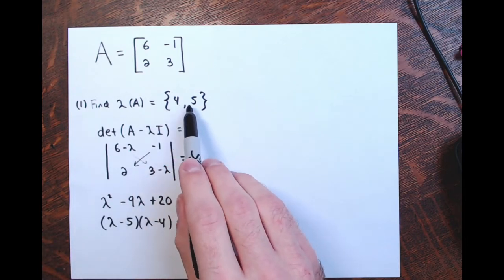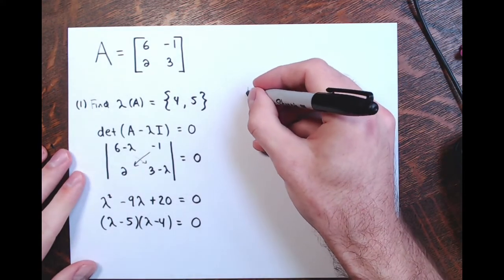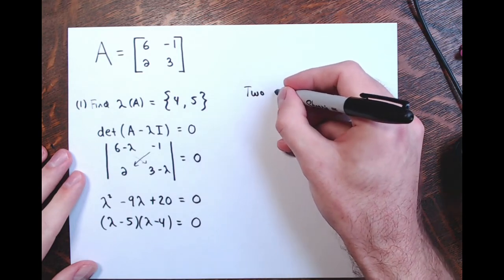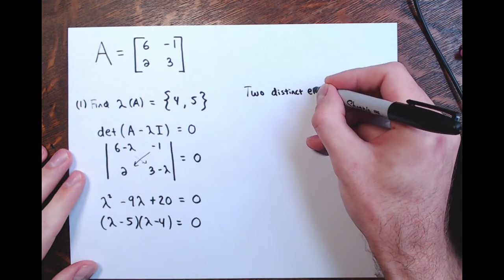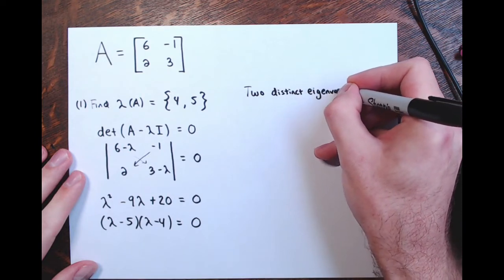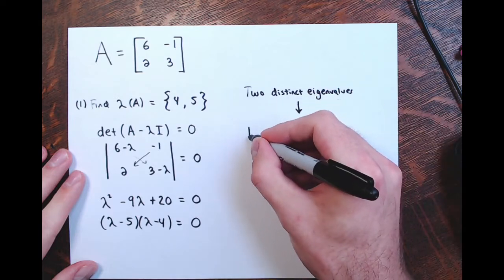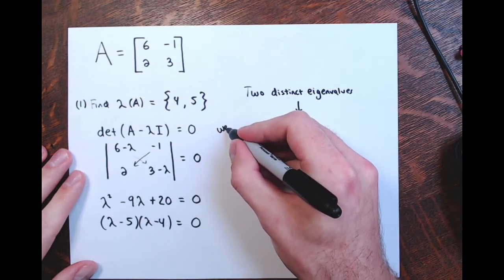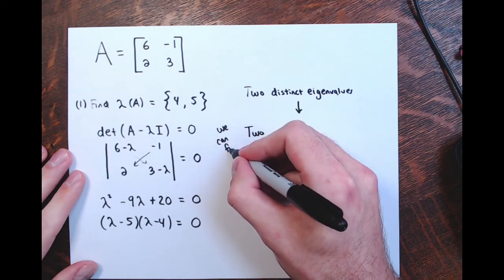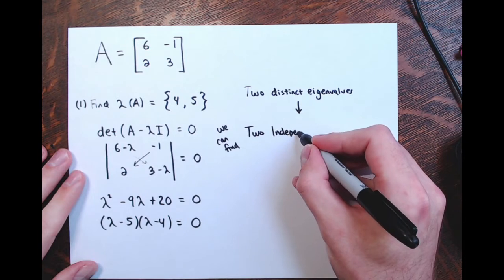So I have two distinct eigenvalues, which means we can find two independent eigenvectors.